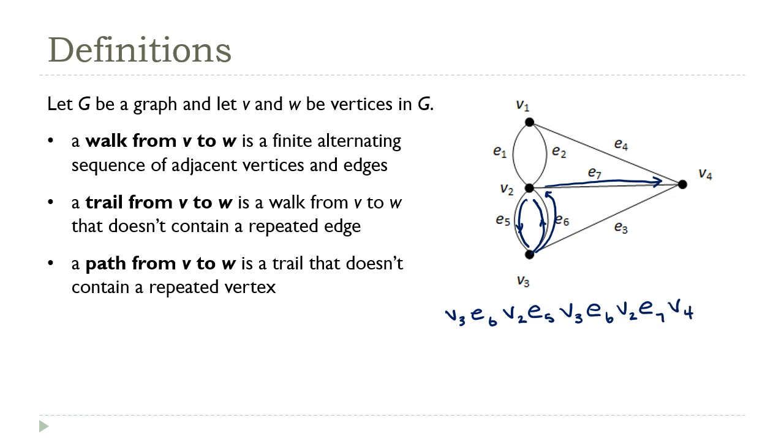Hopefully you can see just from my example here why you can't just specify the vertices, right? Because sometimes there's more than one way to get from V3 to V2. So we did have to include the edges to make it clear exactly which path we were taking.